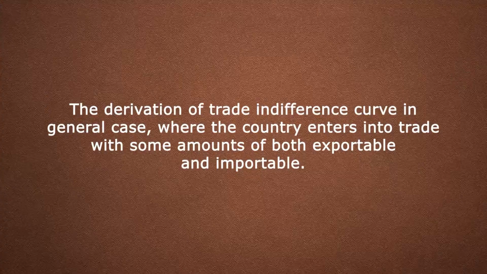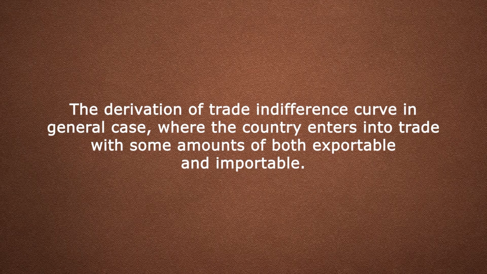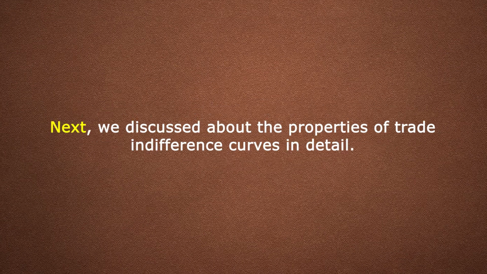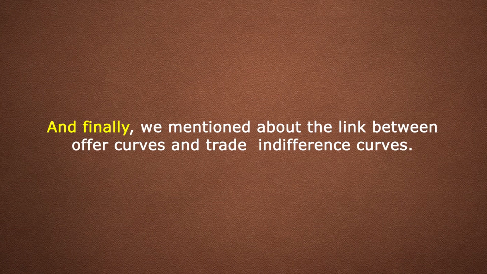After that, we discussed the derivation of the trade indifference curve in the general case, where the country enters into trade with some amounts of both exportable and importable. Next, we discussed the properties of trade indifference curves in detail. And finally, we mentioned the link between the offer curve and trade indifference curves.